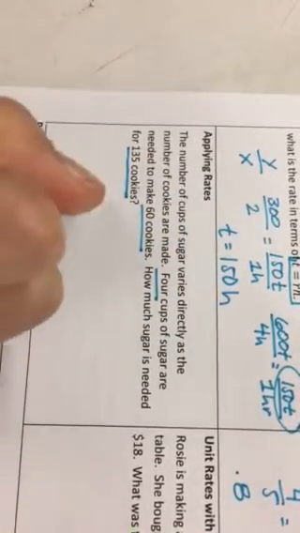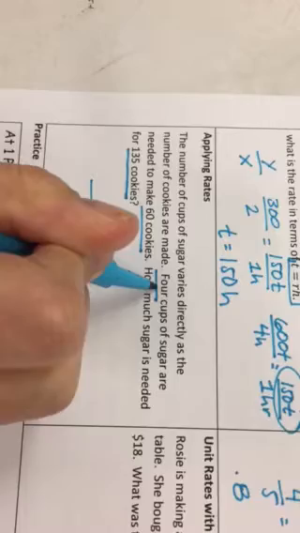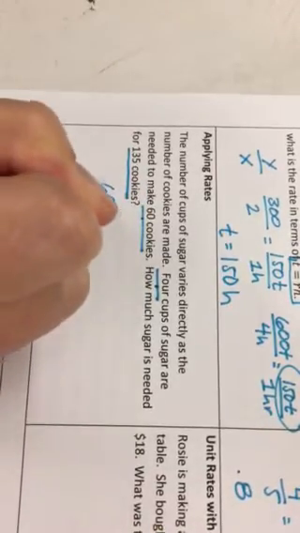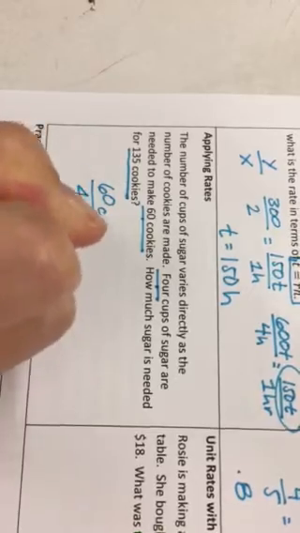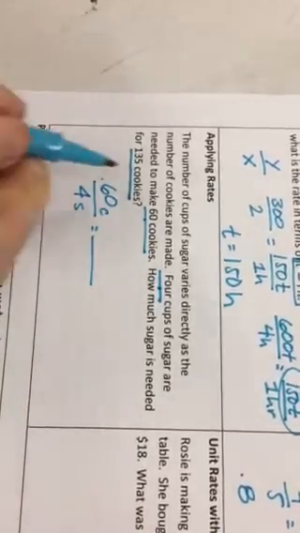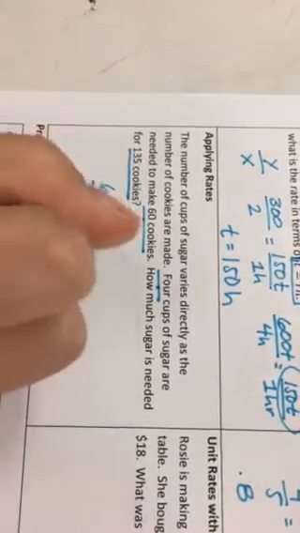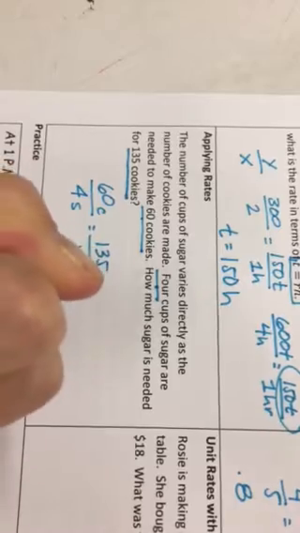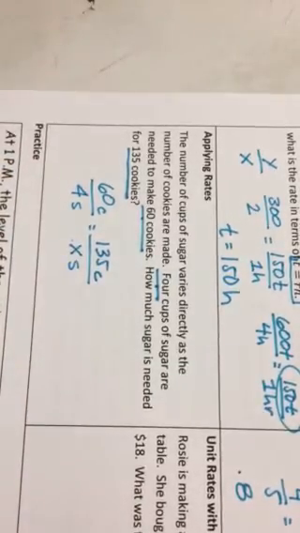So I'm going to have my 4 cups of sugar for 60 cookies. Now I'm going to set that equal to the ratio of 135 cookies to an unknown amount of sugar.